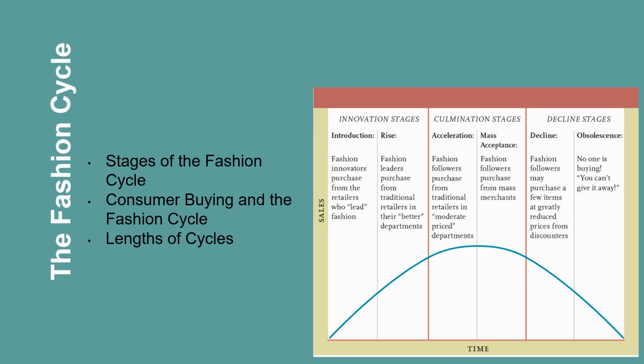And then it moves on to the next stage, which is mass acceptance, right? That culmination when everybody wants it. Oftentimes this is where things that are trends become classics, and it just settles into pretty uniform sales patterns.